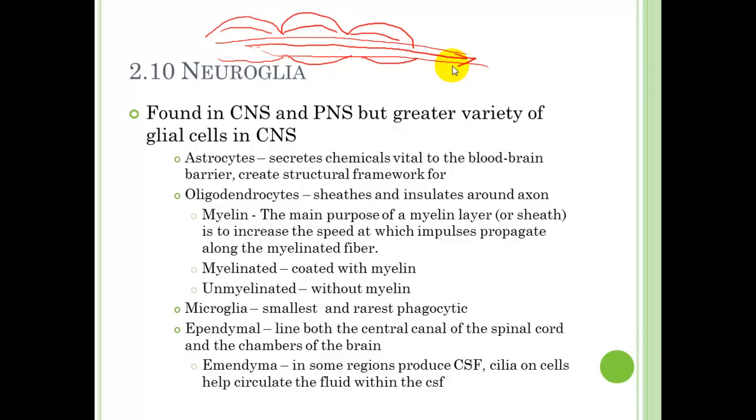Cilia on the cells help circulate the fluid within the CSF. So these things are going to produce or assist with our environments. Ependymal cells, some of them, would actually make CSF and produce CSF, and will move it throughout the body through little cilia or finger-like projections that they'll have.